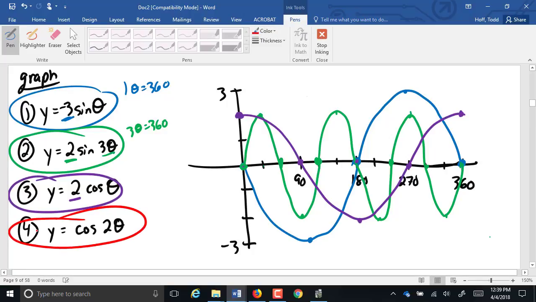So the next one, y equals cosine 2 theta. No phase shift. What's our wavelength? 180. So the wave will end here. Our amplitude is 1. So at 0 degrees, we're at our peak of 1. At 180 degrees, we'll be at a peak of 1. Halfway, at 90 degrees, we'll be at a trough of -1.